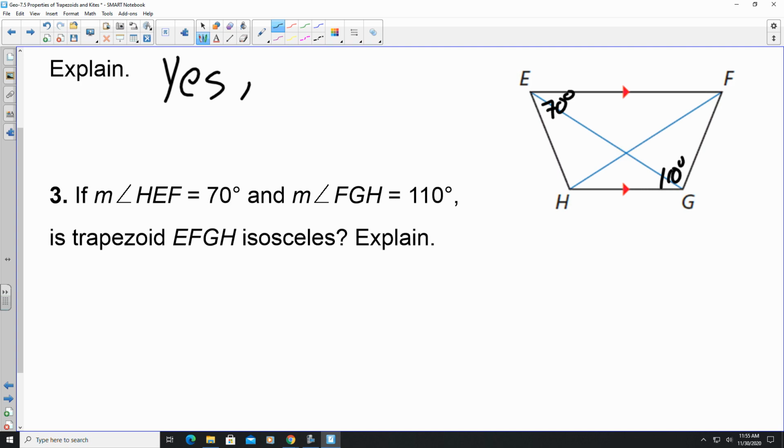Well, my conclusion would be, since EF and HG are parallel, so it makes it a trapezoid, and 70 degrees plus 110 degrees makes 180, so I'm left with 180 degrees to disperse, so I could say that this is also 70 and this is also 110. So since these base angles are congruent, I could say yes, that it would also make it isosceles.